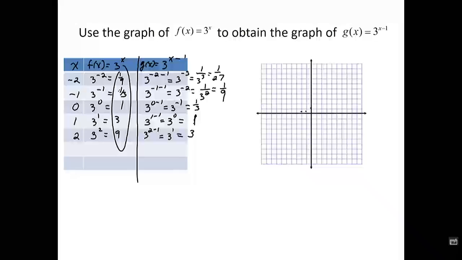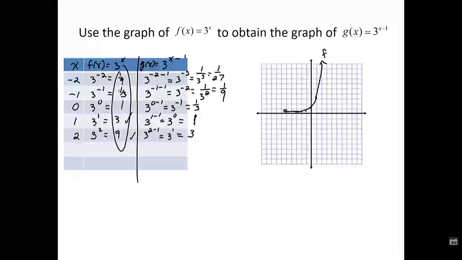When x is -2, 1/9. Minus 1, 1/3. 0, 1. When x is 1, y is 3. When x is 2, y is 9. So 3, 4, 5, 6, 7, 8, 9. All right, so we connect the points. All right, so this is the graph of f.